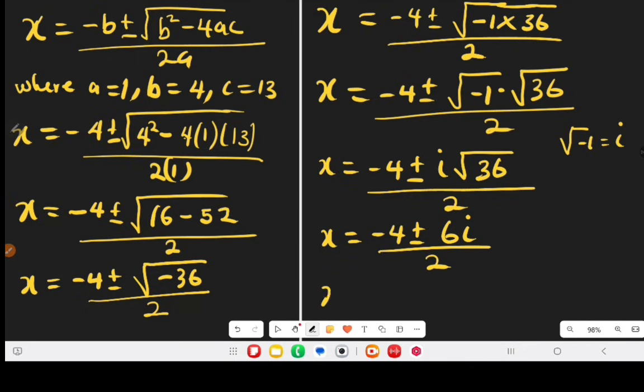We continue. x is equal to minus 4. We pick plus 6i all over 2, or minus 4 minus 6i all over 2.